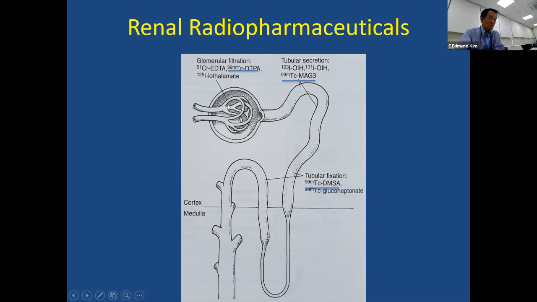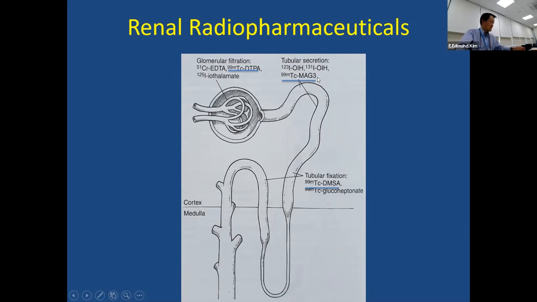So inulin is the gold standard for glomerular filtration. Now, as I mentioned earlier, there are chelation agents, technetium or chromium, iothalamate. Technetium DTPA, for example, is 95% filtered by the glomerulus, but 5% is active secretion.